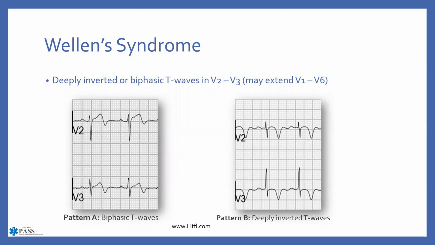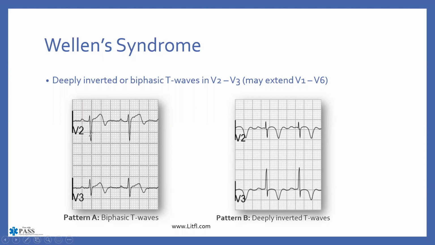So how do we determine Wellens syndrome? Well, it's going to have one of two things. It's either going to have a deeply inverted or a biphasic T wave in leads V2 and V3. So you can see V2 and V3 on both of these examples here. Pattern A, we're looking at biphasic. So what biphasic means is look at my QRS as it relates to my ST segment.